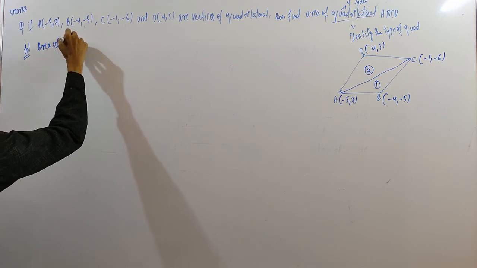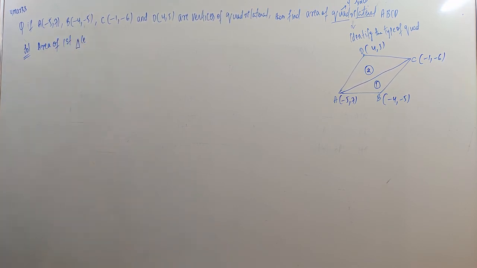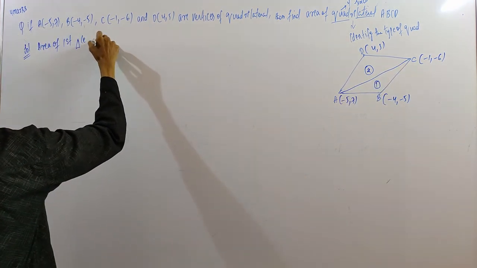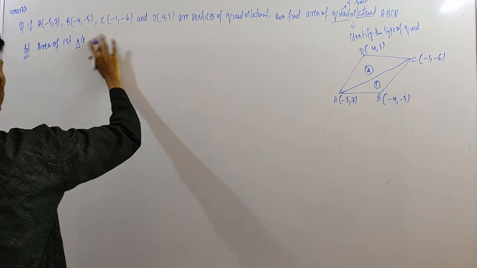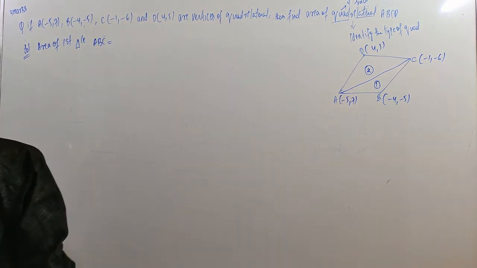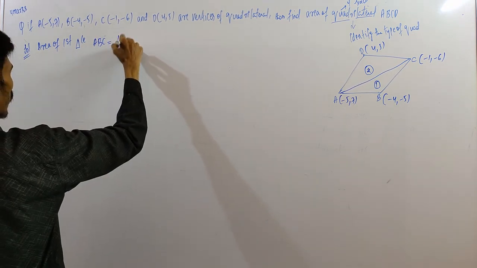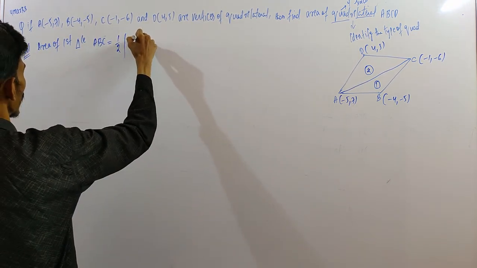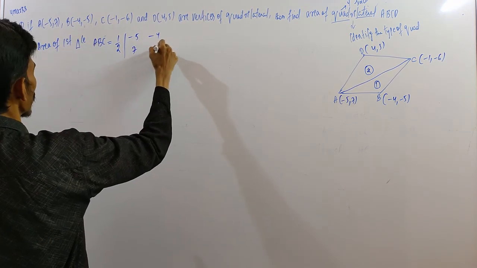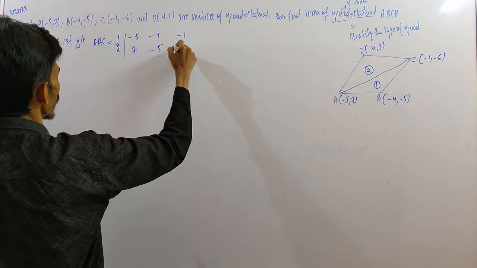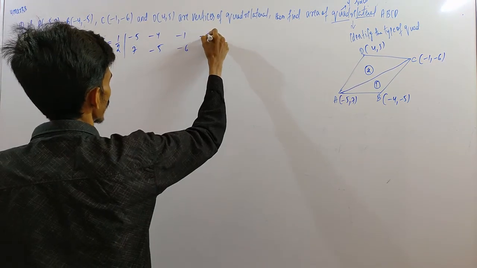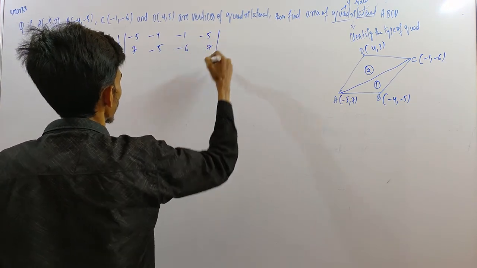Area of first triangle. Name is A, B, C. We have area ABC equal to 1/2, write down -5, 7, -4, -5, here we have -1, -6, A, B, C only. Now copy this, -5, 7.